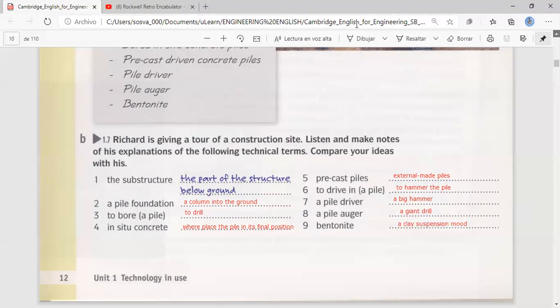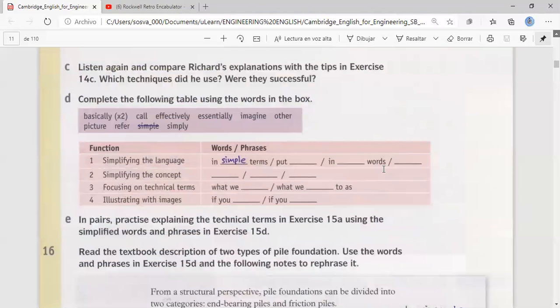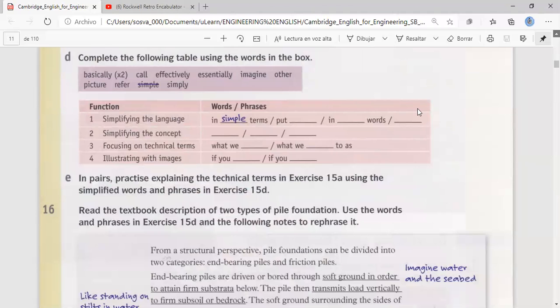Great. Let me erase the comments in here. And let's go ahead. So, in this part, we have to complete the following table using the words in the box.